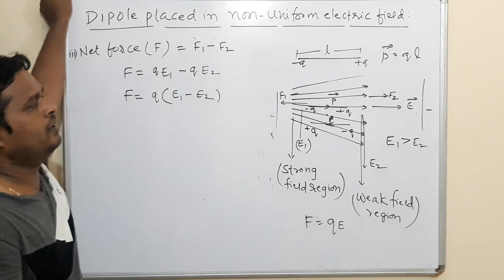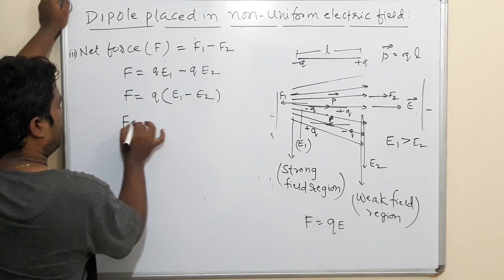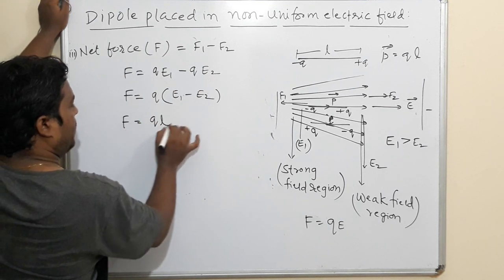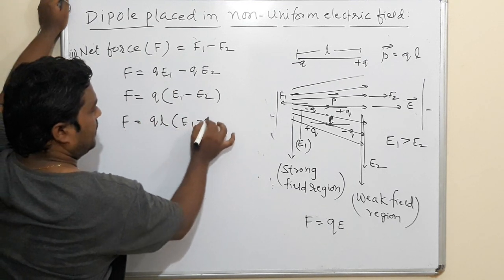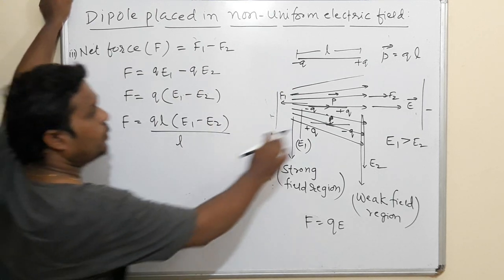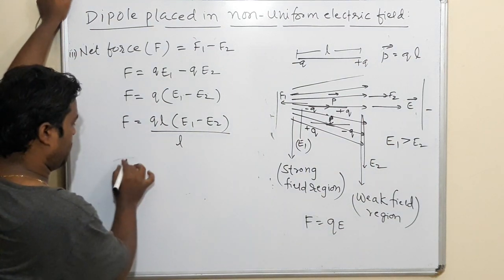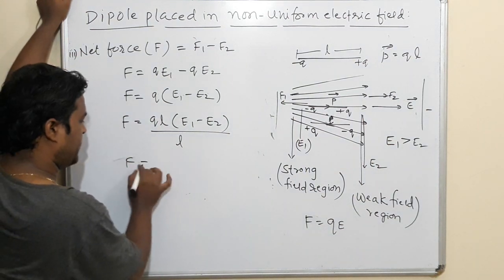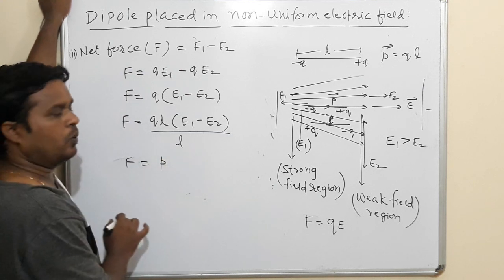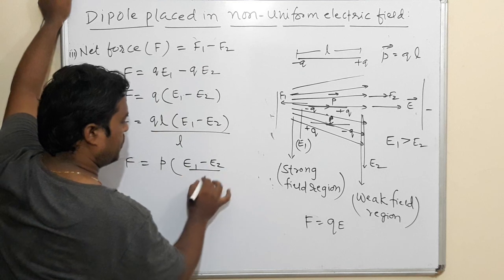Conventionally we took 2A while deriving the expression for electric fields. Then if you multiply this equation by Q, multiply and divide by L, E1 minus E2 divided by L. Q into L gives what? Dipole moment. F is equal to dipole moment into (E1 minus E2) by L.